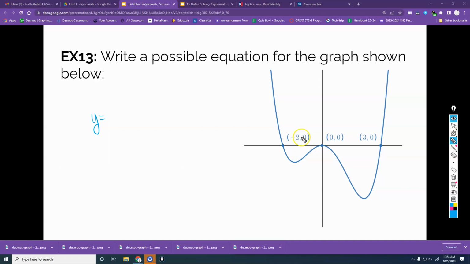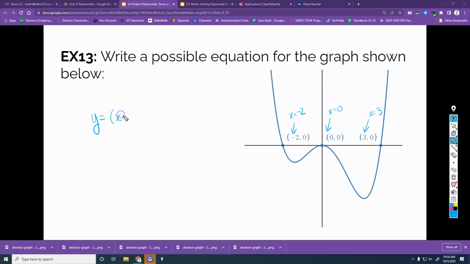I've got zeros right here at x equals negative 2, x equals 0, and x equals 3. So who wants to try this one to give me the factors that would go with it? Let's see, Drew. What would the factor be that goes with x equals negative 2? Just a 2?